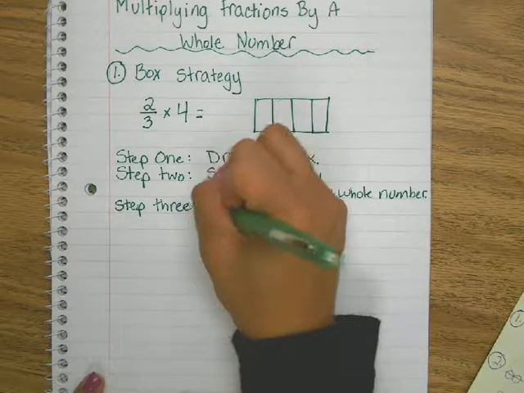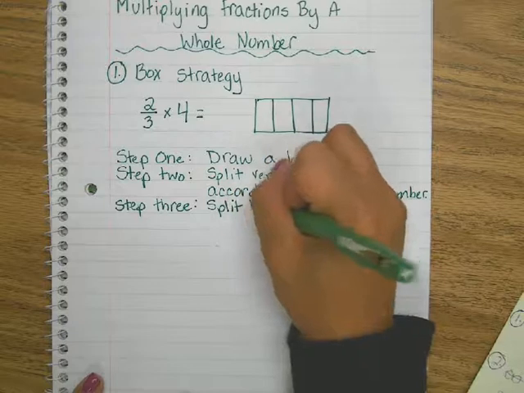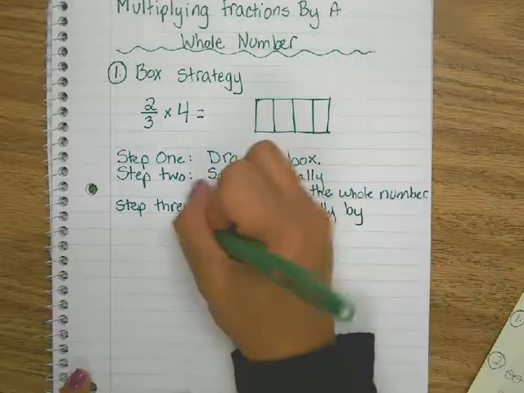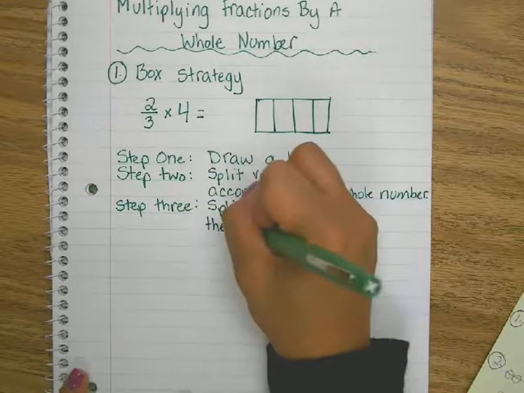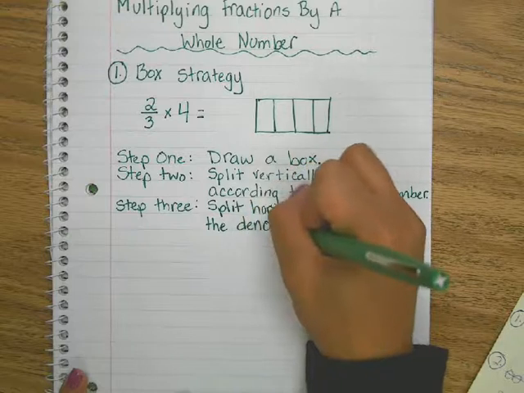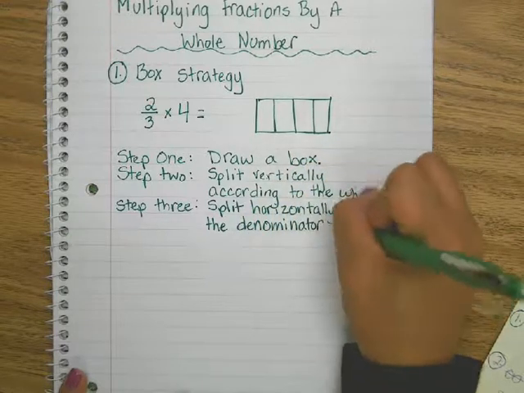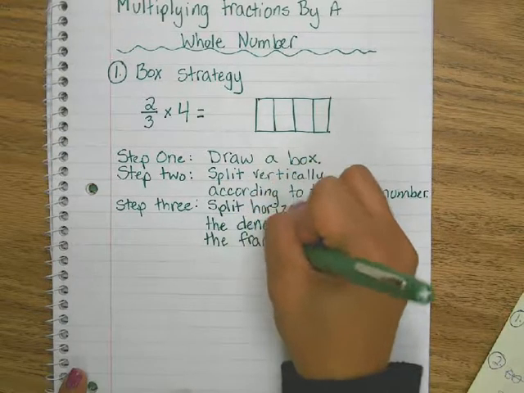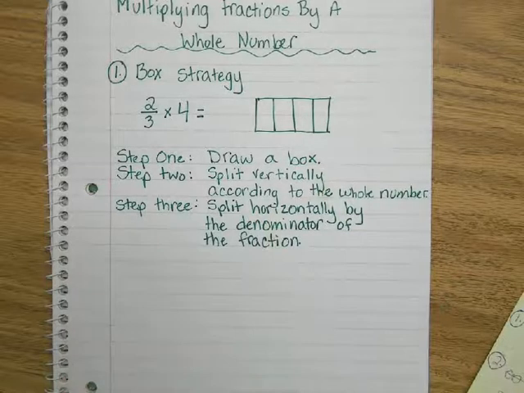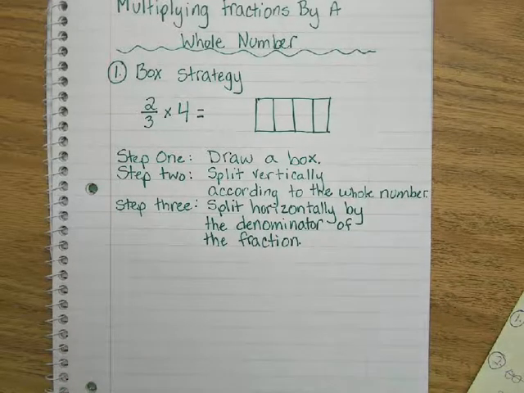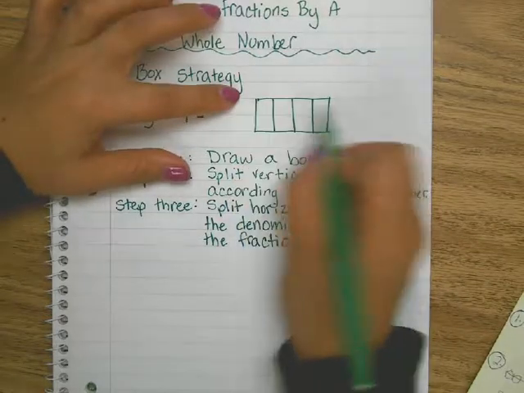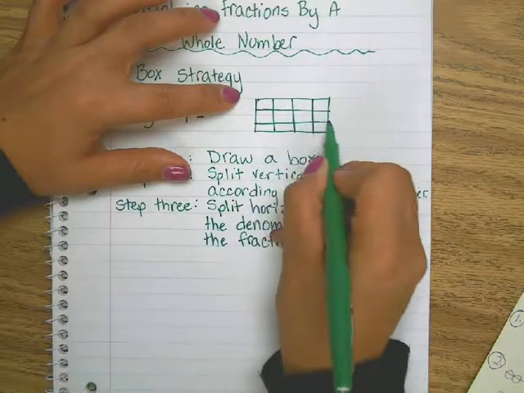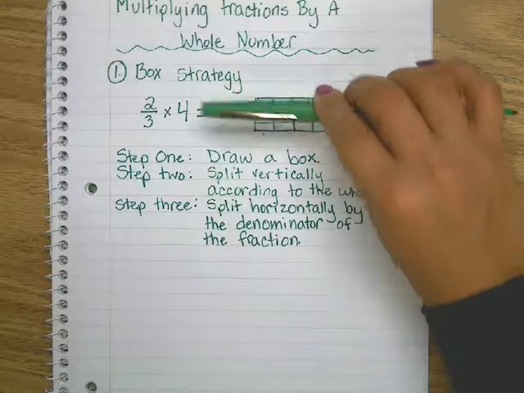Split horizontally by the denominator of the fraction. What's my denominator, guys? 3. So I'm going to go this way and split it into 3 equal parts. So I have 1, 2, 3.